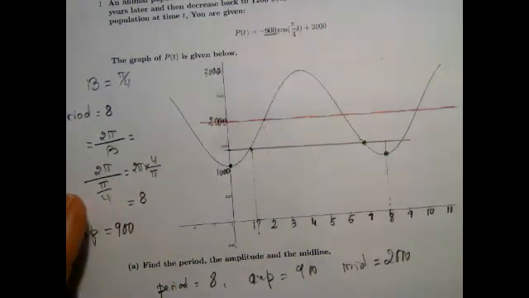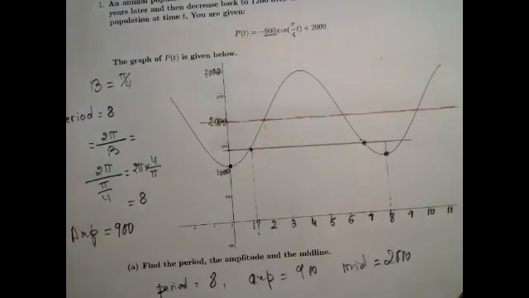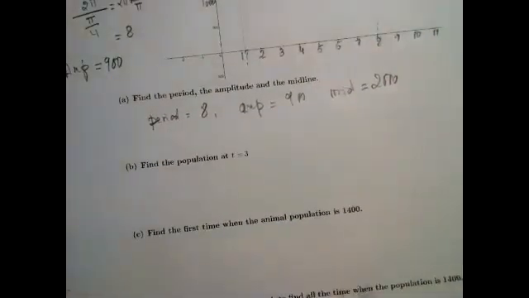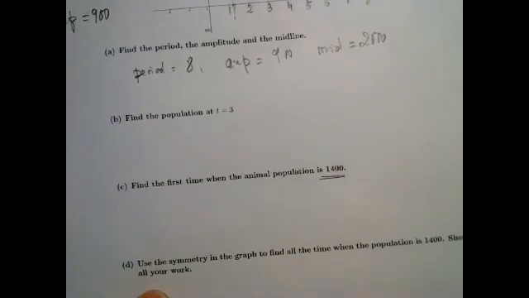Chris, what do you want me to do to solve this problem? Find the time when the population is 1,400. What do you want me to do?